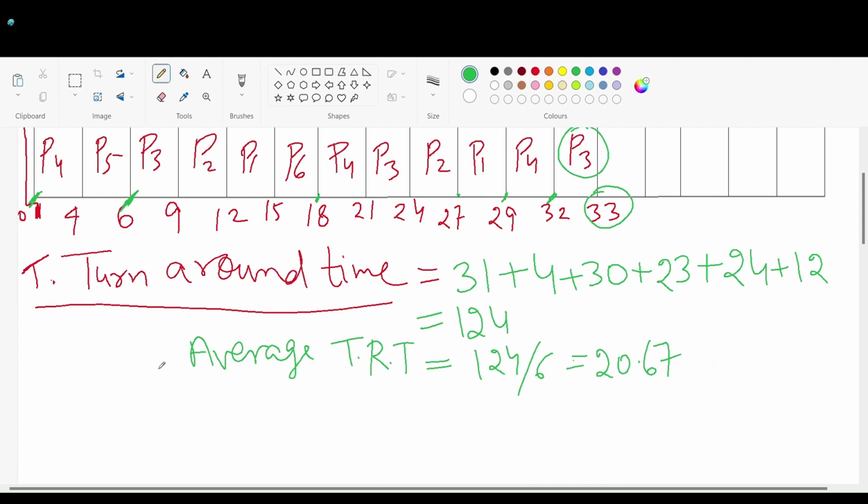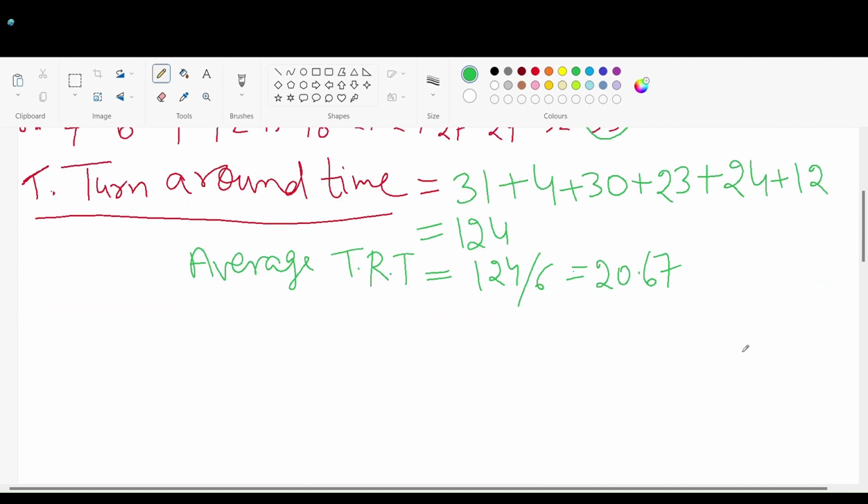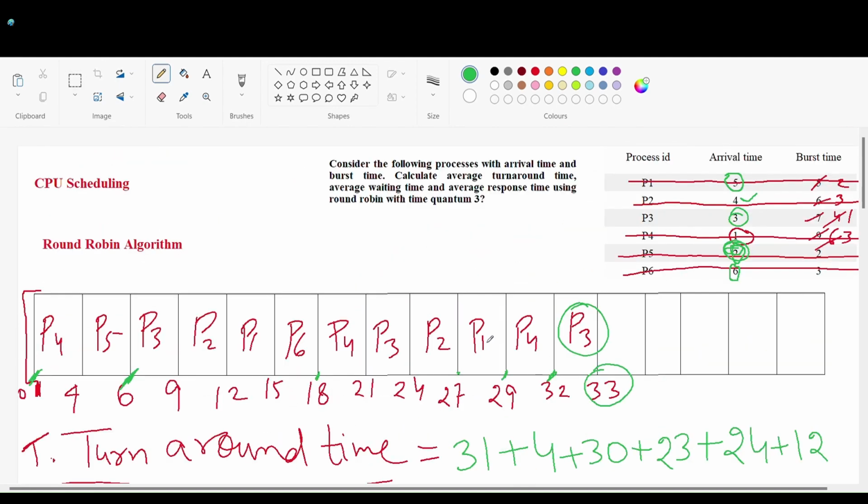Now the total waiting time, you will calculate total waiting time. Start from P1 to P6, no problem. So P1 enters the system at 5, and P1 starts the execution at 12. So 12 minus 5 is 7.